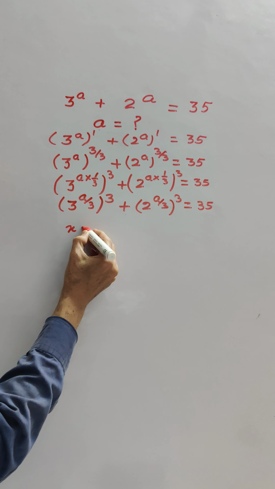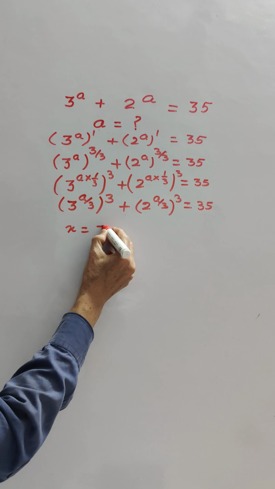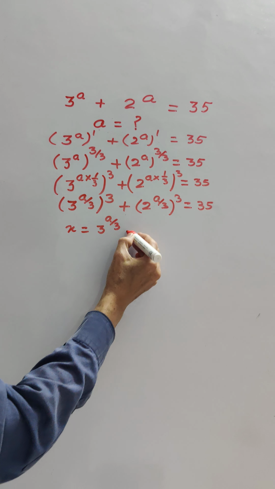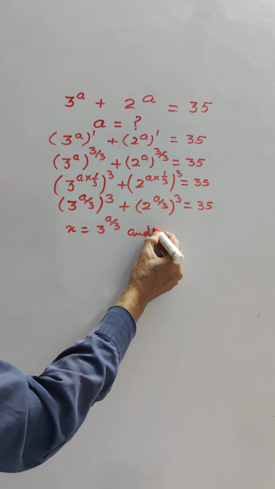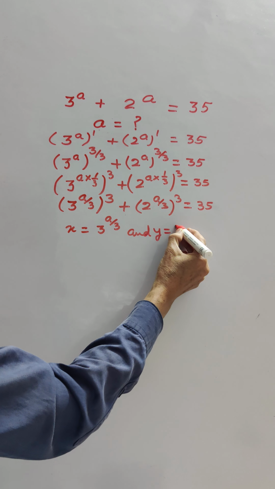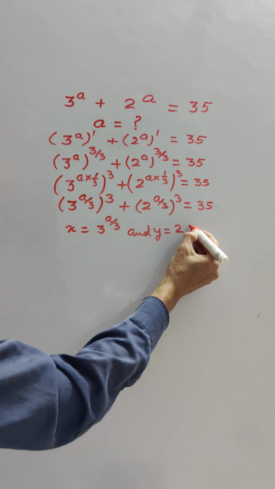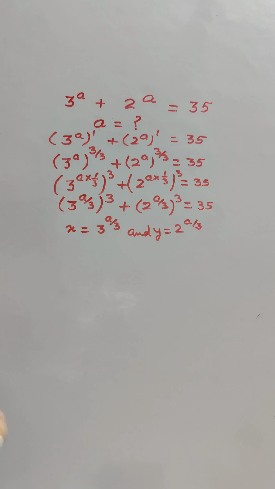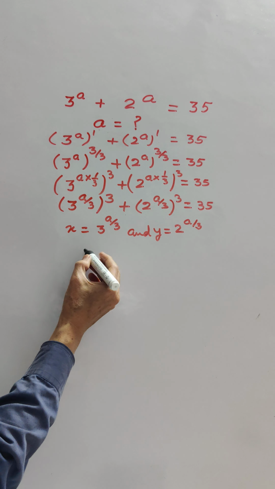So x is equal to 3 power a upon 3 and y is equal to 2 power a upon 3. Therefore, it will become x cube plus y cube is equal to 35.